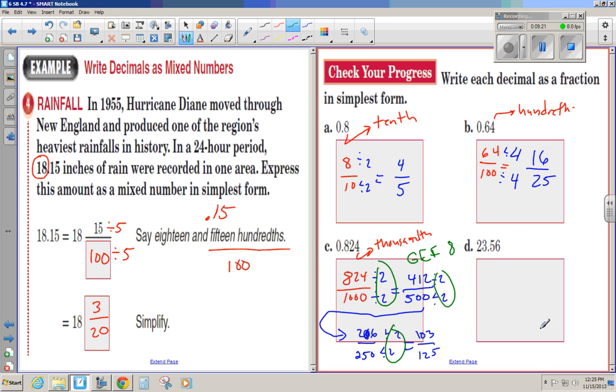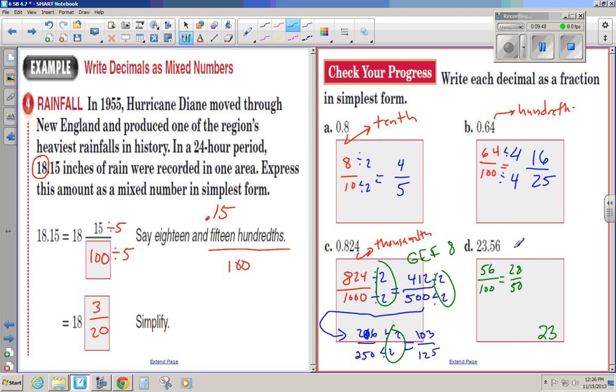All right, now D. I know my final answer is going to be 23 and some fraction. All we're looking at now is the 56 hundredths. So 56 hundredths, you divide by 2, becomes 28 over 50.